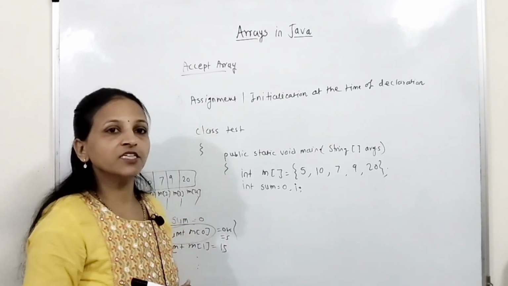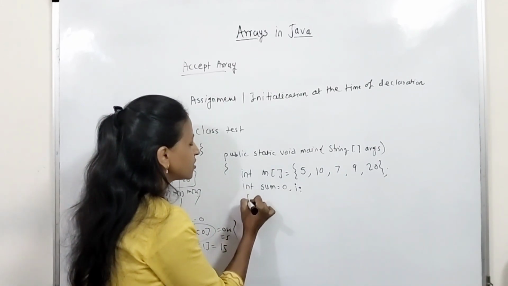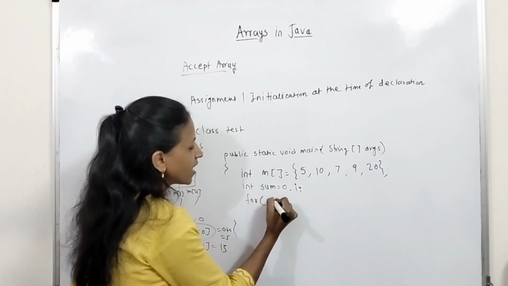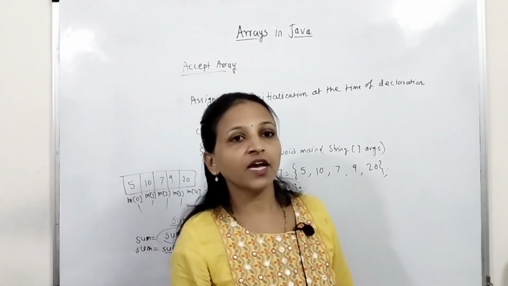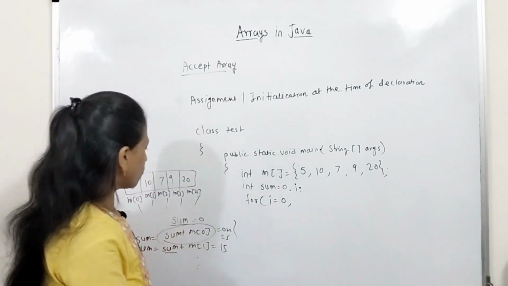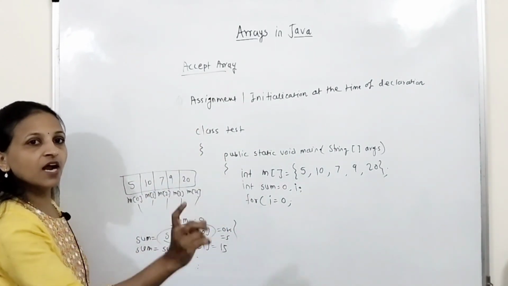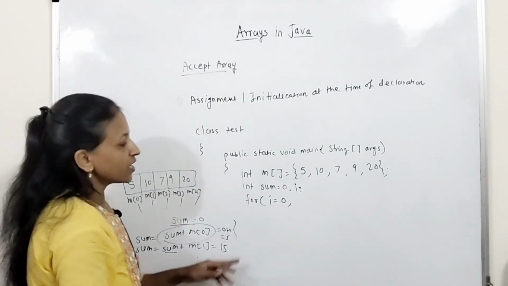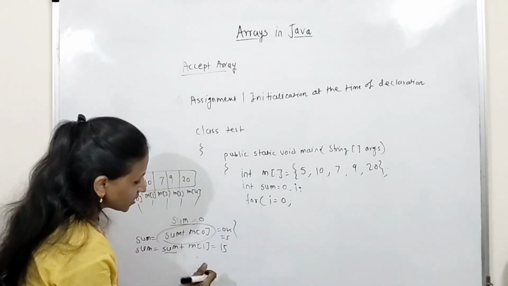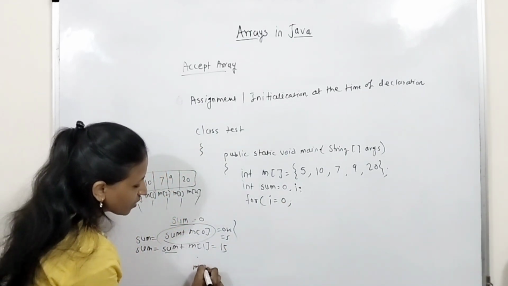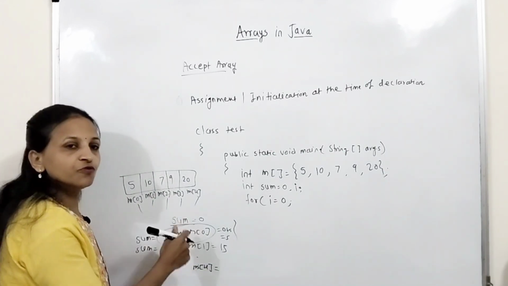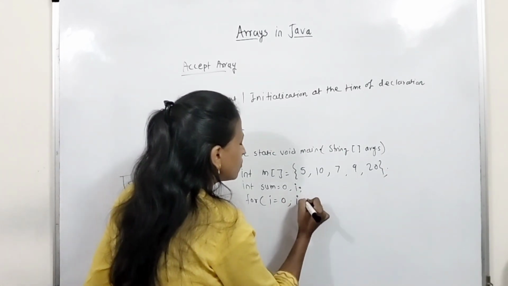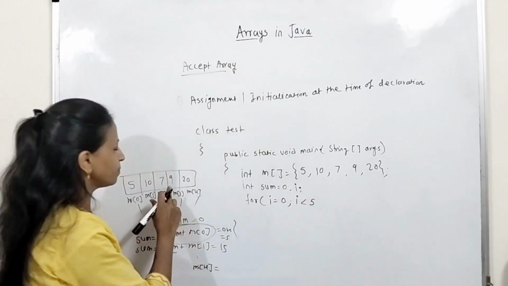Here we have to do addition, and for that we will place a loop like for I equal to 0. Always keep in mind while doing array programs, if you want to traverse through all the elements, just start with 0 always. I equals 0 up to which? The last statement will be m of 4, so from 0 to 4 we have to move forward. That's why I equals 0, I less than 5 I can place here.